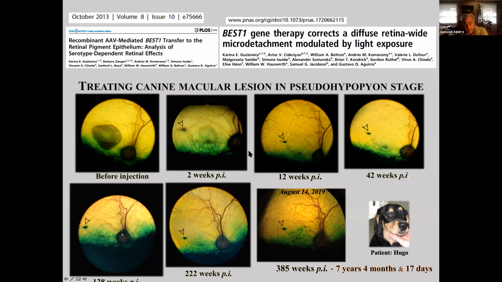The lesion disappears. Now this picture was taken a year ago. I don't have the latest pictures that were taken September of this year. So it's 8 years, 4 months and 17 days since the treatment, and the lesion has remained gone. And that we published recently in PNAS, a study with Art Sadesian and that was led by Karina Guziewicz.